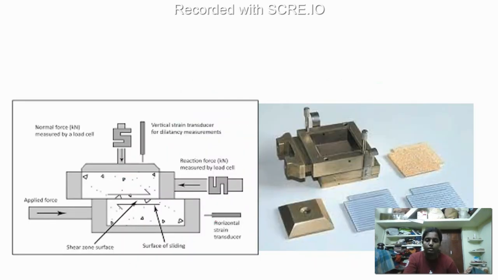So this horizontal load here will push the box. Because of this load applied, both the boxes will be moving sideways, and until the soil fails, you'll have a resistance develop. Once the soil fails, the resistance will be overcome and the soil failure will be happening.